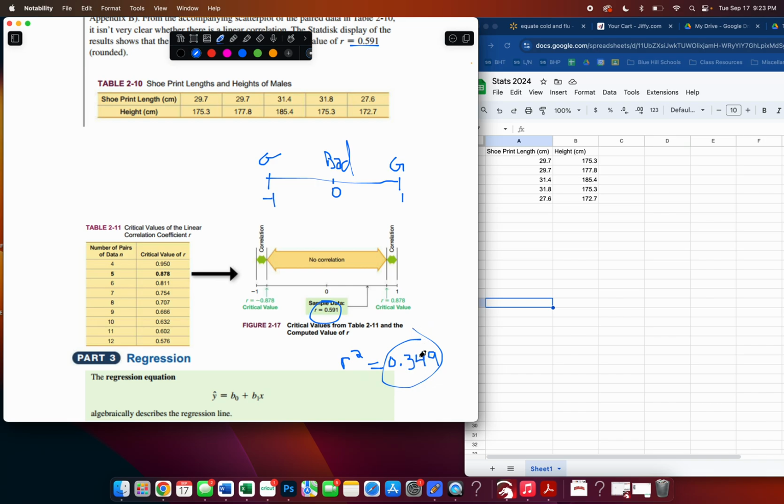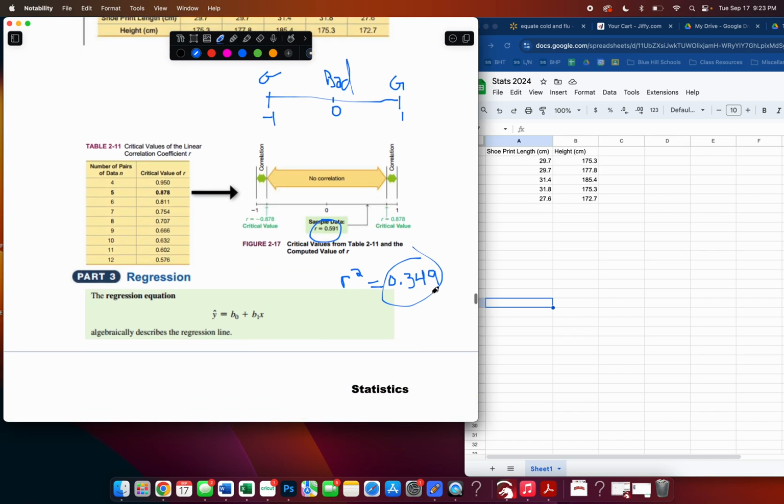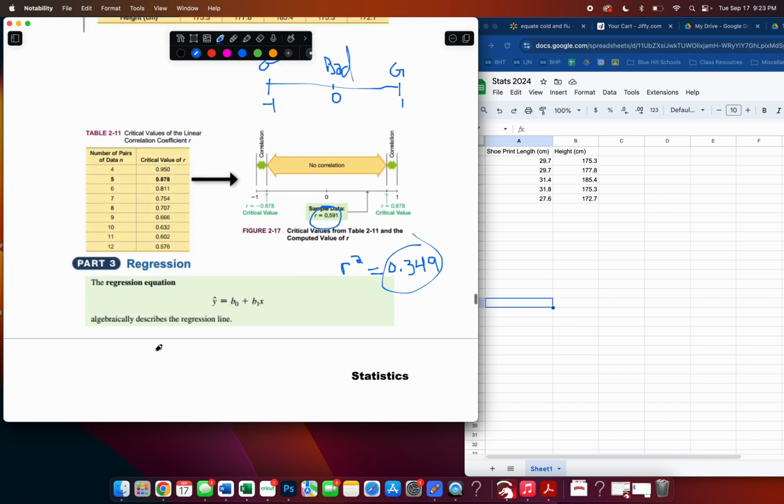So here only about 35% of our data is following a linear relationship, which is not great. Like if you get a 35% on a test, you're like, well, I did really badly, right? And that makes sense because this is a bad linear relationship. It has to be 0.878 in order to be considered good. So 35% is not a good percentage, but sometimes instead of giving you r, they will give you r squared. And we'll show you over here how that works, okay?